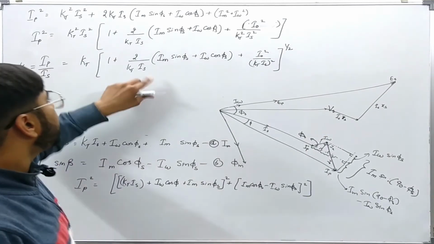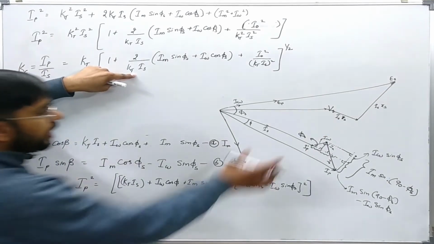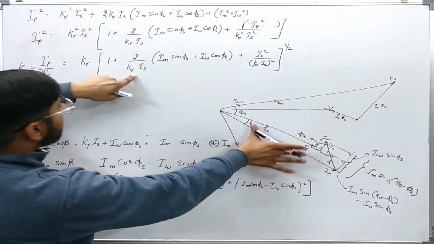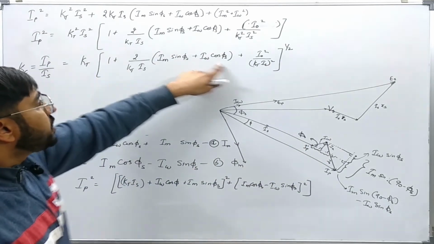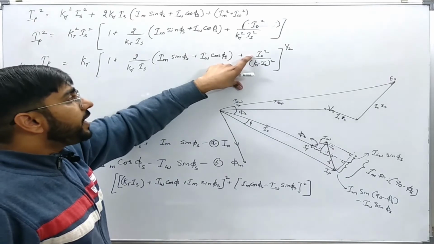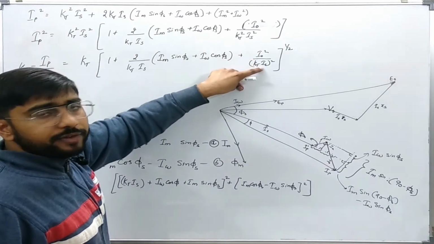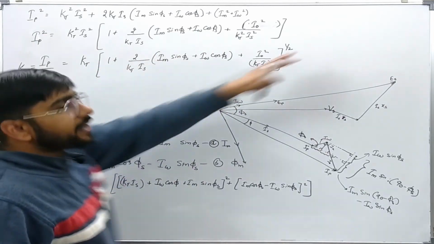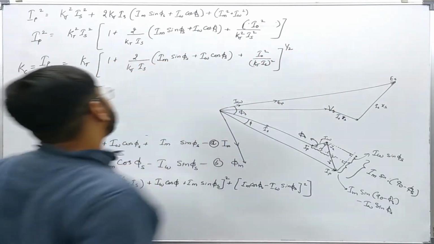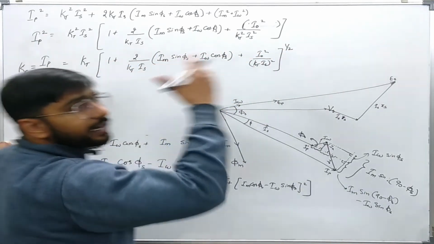Now you see that KT IS is equal to IP dash. IP dash is actually quite high compared to these terms. Similarly, I naught squared is very much less than IP dash squared. So these two terms are less than unity, so I can expand it using the binomial expansion, and I will neglect the third term.